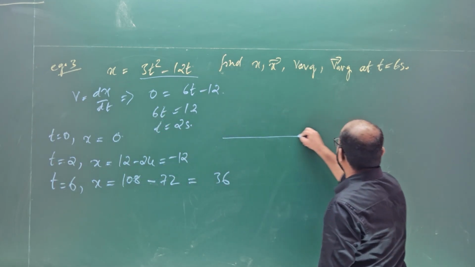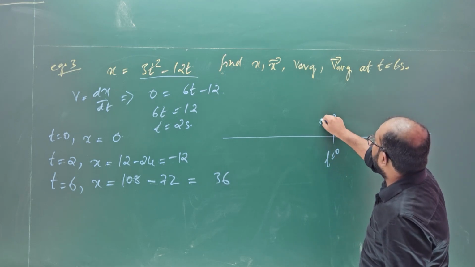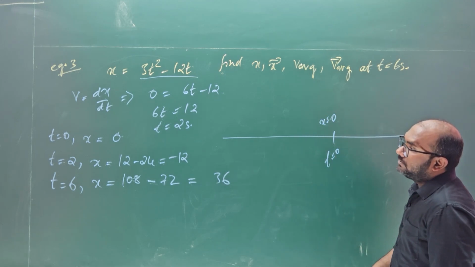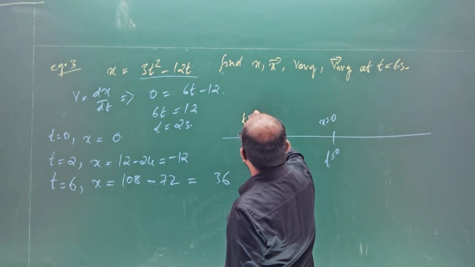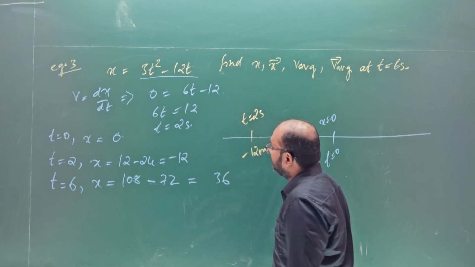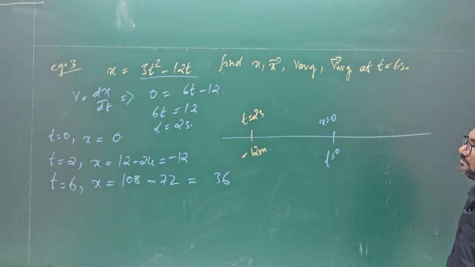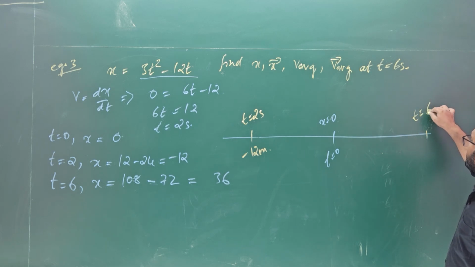So let's put it on the number line. At t is equals to 0, x is also 0. At t is equals to 2 seconds, the body is at minus 12 meters. Then at t is equals to 6, the body is at 36 meters.